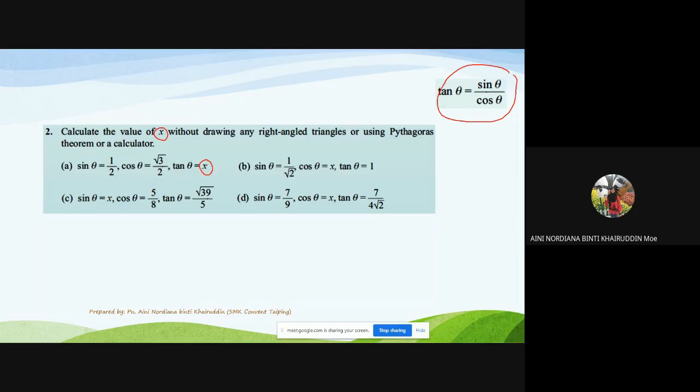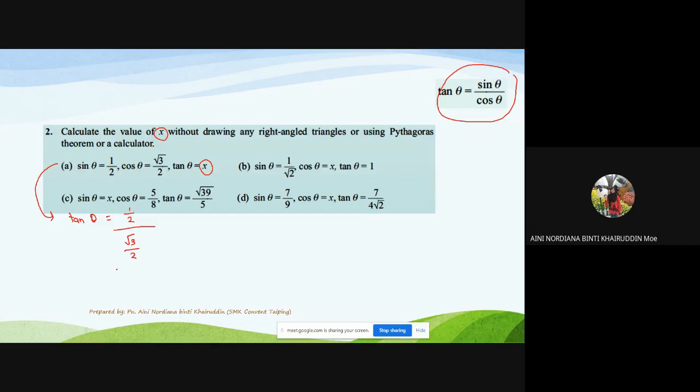So if you want to calculate the value of x here, so for A, tangent theta equals sine theta, which is 1 over 2, over 3 over 2.